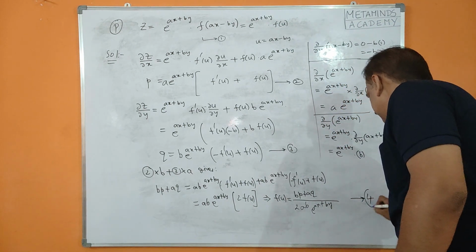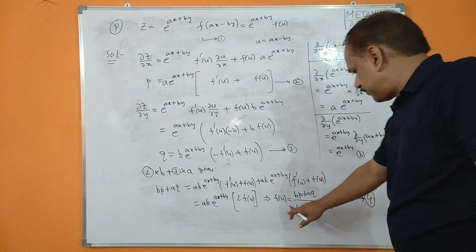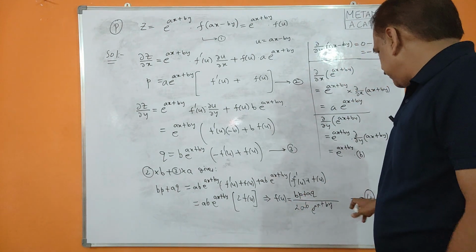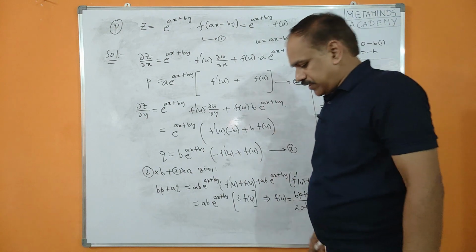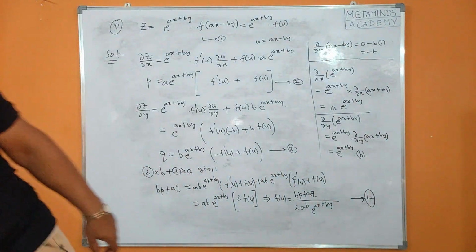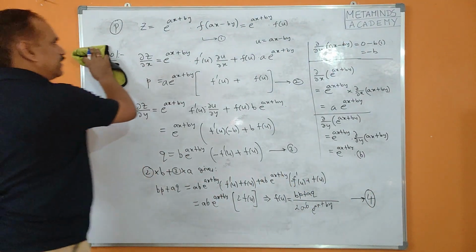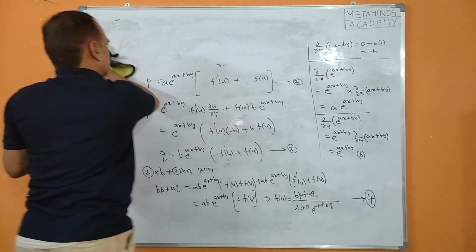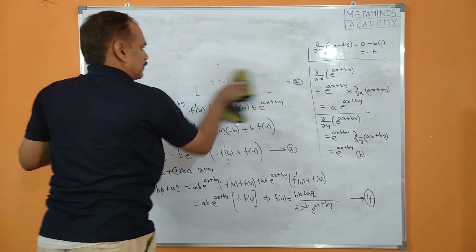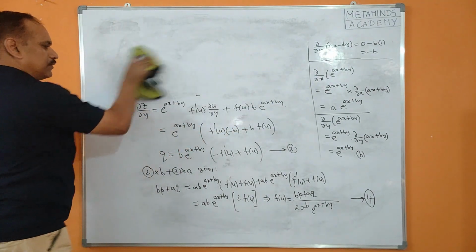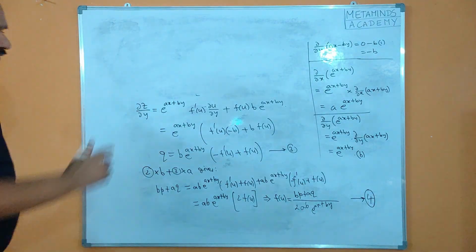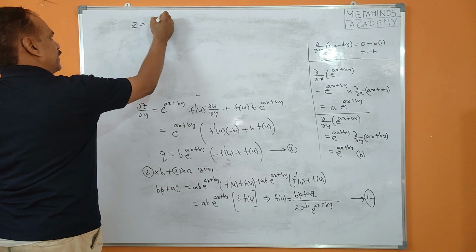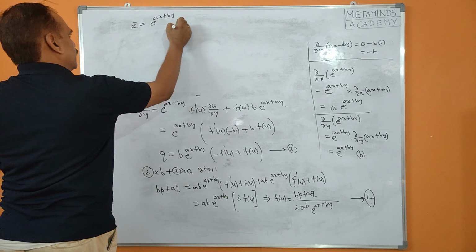Now name this as equation 4. Substitute f of u from equation 4 into equation 1, and you will get the answer. Let us see. So what is equation 1? Z equal to e power ax plus by into f of u.